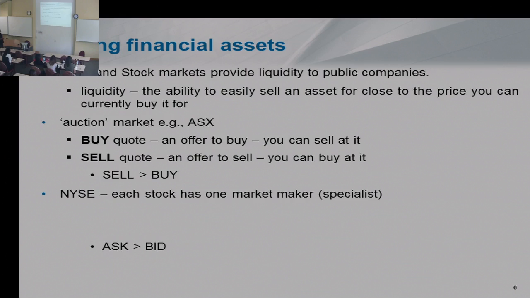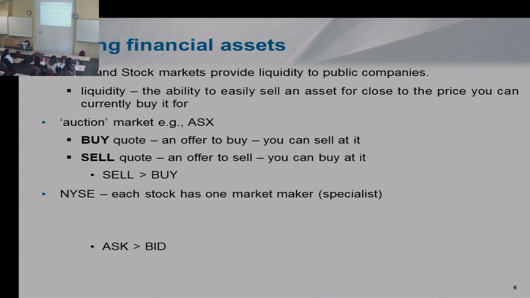Now, we haven't talked about this before, but most financial assets, we talked about them being liquid, and liquidity is the ability to sell an asset for close to the price you could buy it for. So if you buy a bond today and you find tomorrow you get this massive tax bill, and you've got to pay your taxes, and you think, I've got to sell the bond.